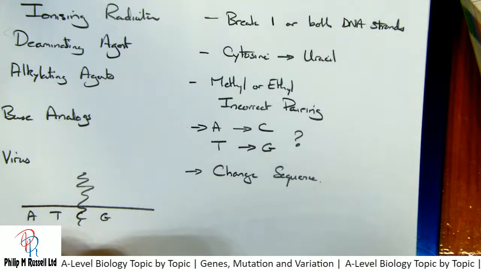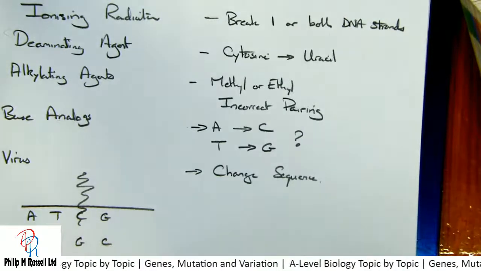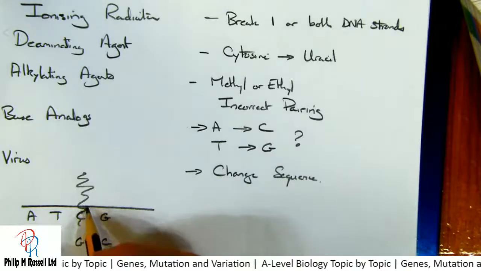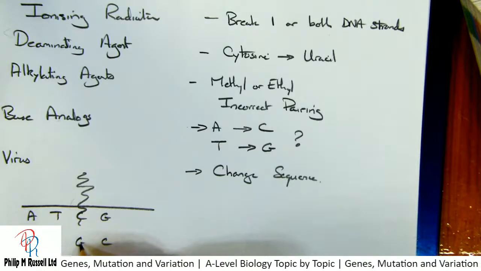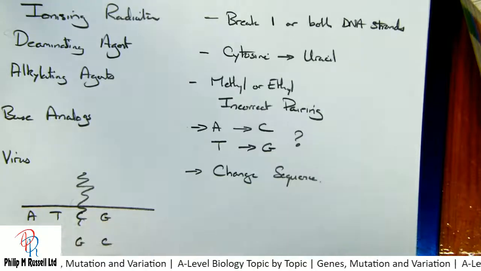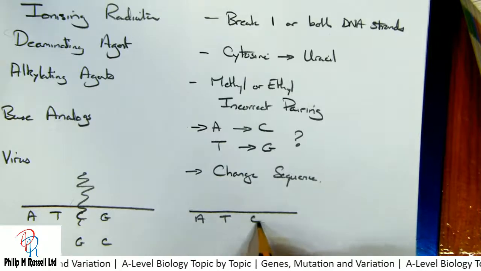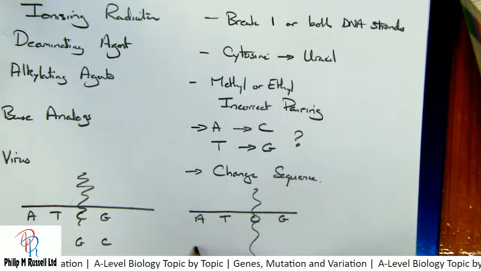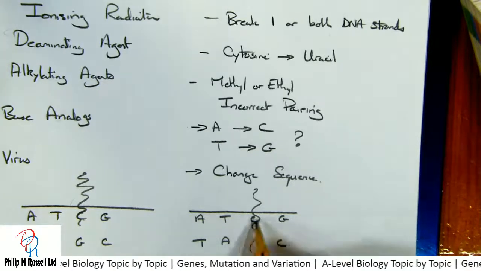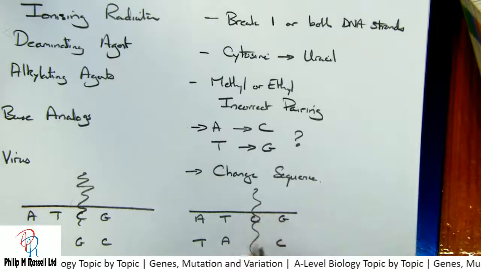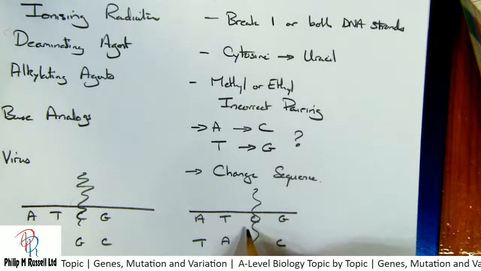If we've got the bases as they were in its double form, then we can repair this base by looking at what we've got here and saying, well, we've got a G here, so that must have been a C. If, however, this is taken out and the opposite one is also taken out, then we know we've got to replace this with a base, but it can be replaced with one of 4.